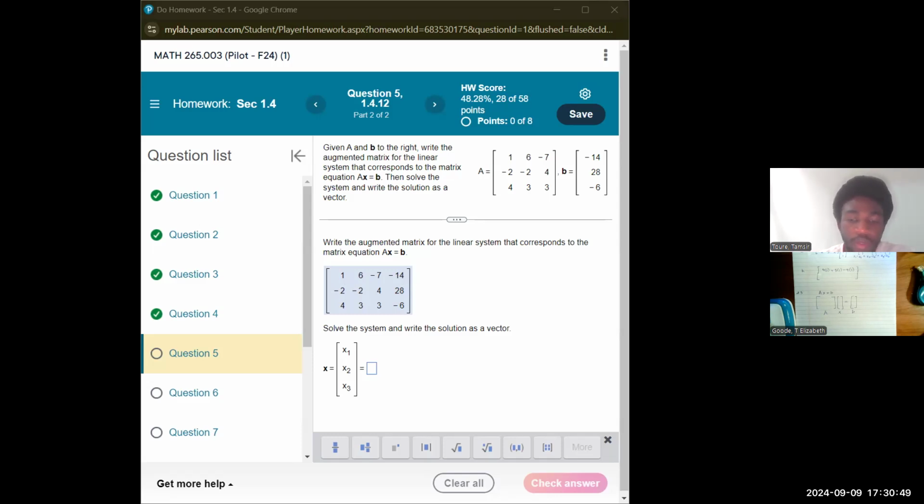Desmos apparently has, I don't know if you can cut and paste, but they have a matrix calculator. Desmos, like they have the scientific calculator and the graphing calculator. It's pretty popular.